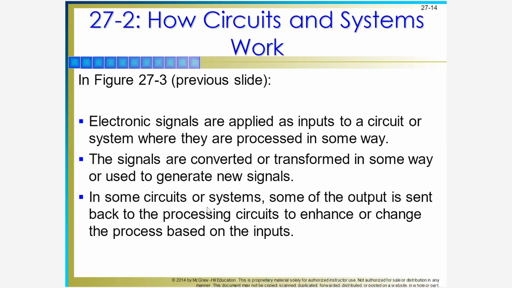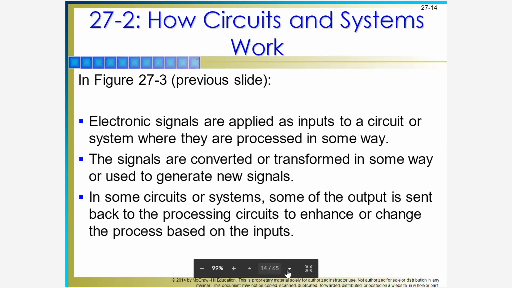Okay, as you can see in the third paragraph, sending it back to the processing circuit is the feedback. Okay, that is the work of the feedback, to enhance or change.